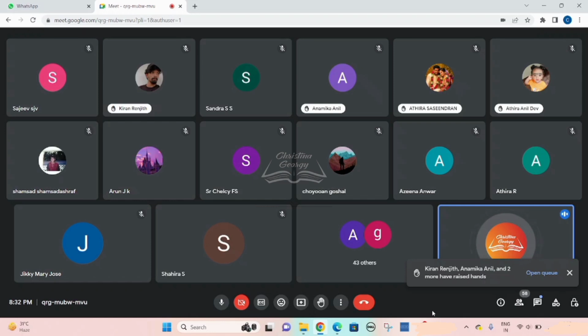So firstly, let's discuss block 1, Understanding Communication. Here you have 3 units to study. Firstly, let's have a close look at unit 1, the process of communication. So from unit 1, you need to study what communication is.